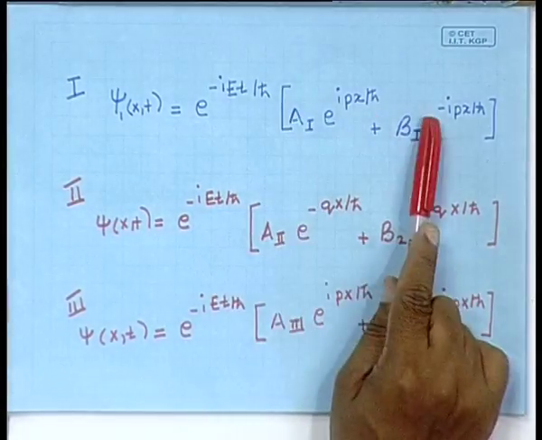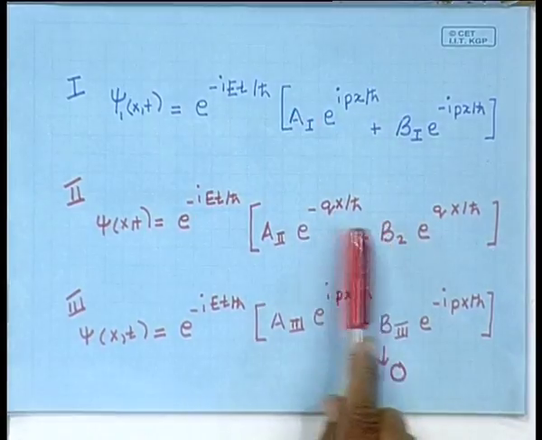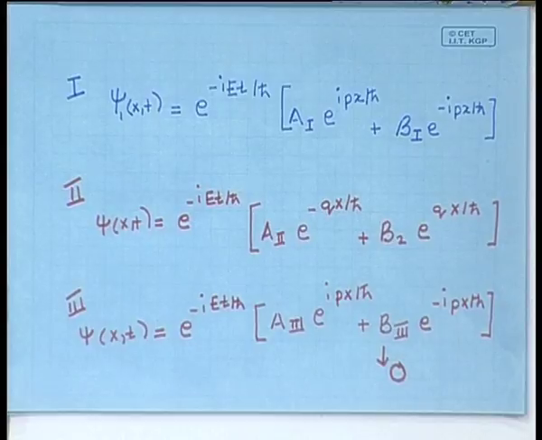Remember earlier when I discussed step potentials, I did not go into the issue of how to relate the coefficients on the 2 sides, and I had told you that I shall be taking it up later. So, let us now discuss how to relate the amplitudes of the different parts of the wave on the 2 different sides of the step potential.